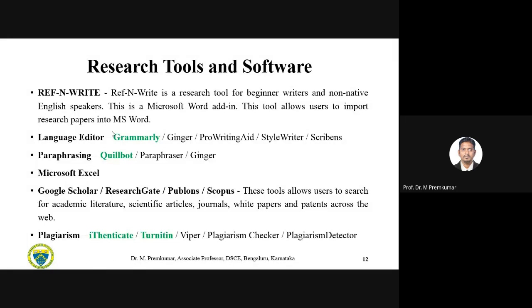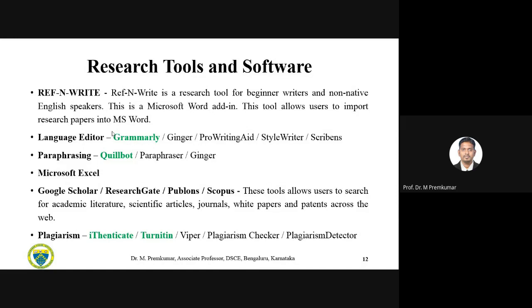With Viper, Plagiarism Checker, and Plagiarism Detector, you can check plagiarism with the free version itself, but it is not an accepted source, because they may steal your data also.